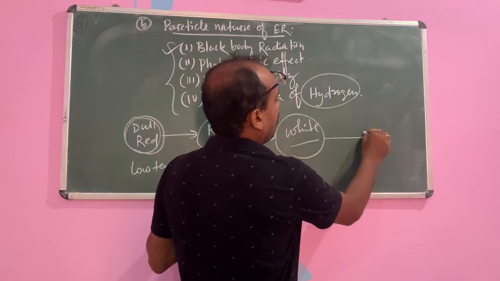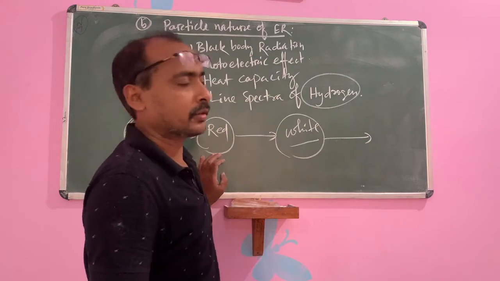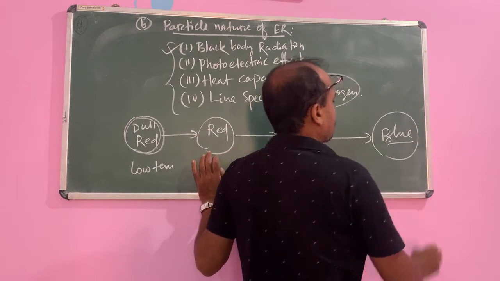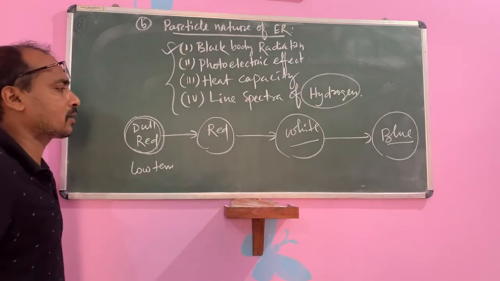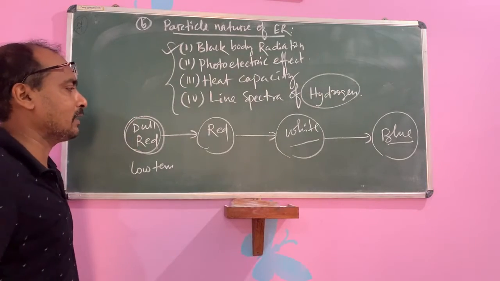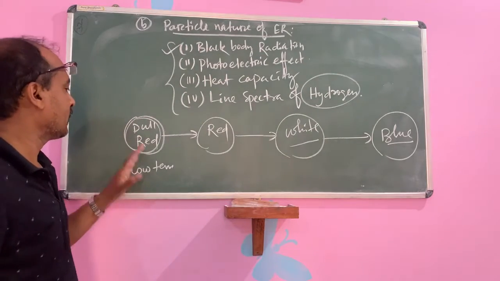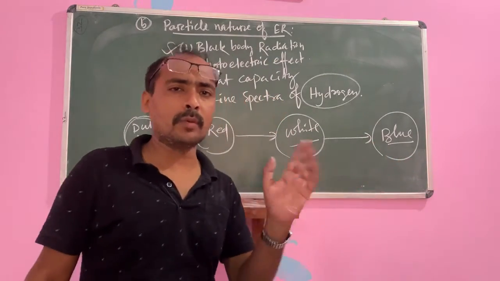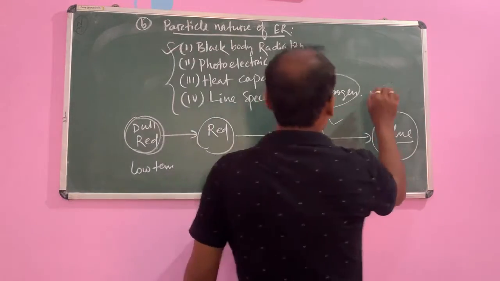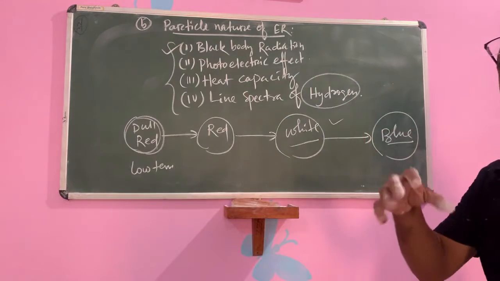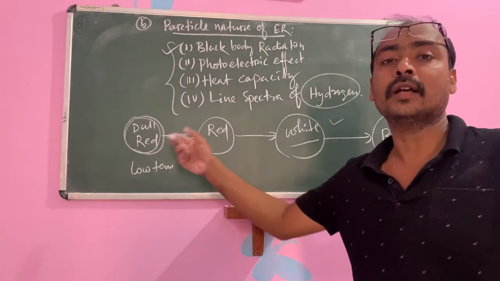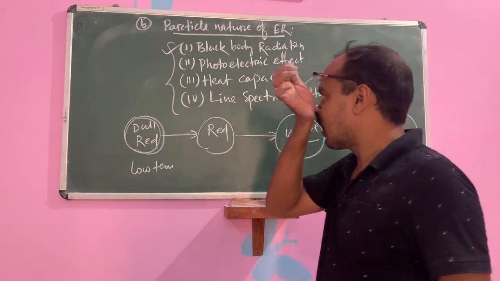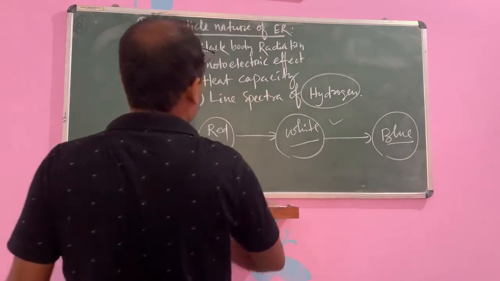Again increasing the temperature, at high temperature the body changes to blue. You see, children, the radiation depends on the temperature; as temperature increases, the radiation changes. Dull red, white, blue are due to different frequencies and wavelengths emitted by that hot body. So these are all about black body radiation. It is one type of particle nature.